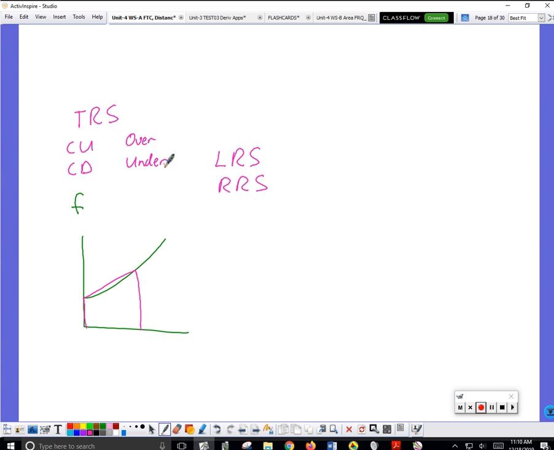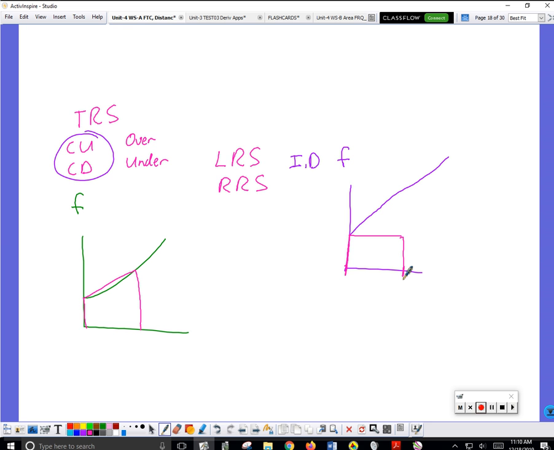I say, okay, if F looks like this, and in this case, it doesn't have to do with the concavity. It has to do with the increasing versus decreasing. So if F is an increasing function, and I pick a subinterval, and I take the velocity on the left, well, I'm going to be finding this area too small. So I'd be computing an underestimate.